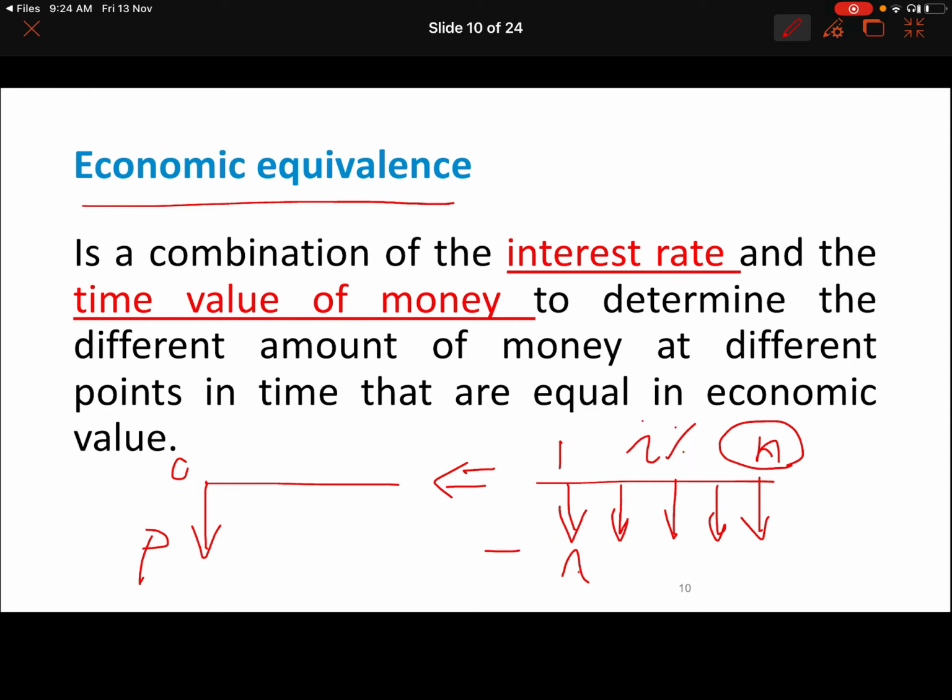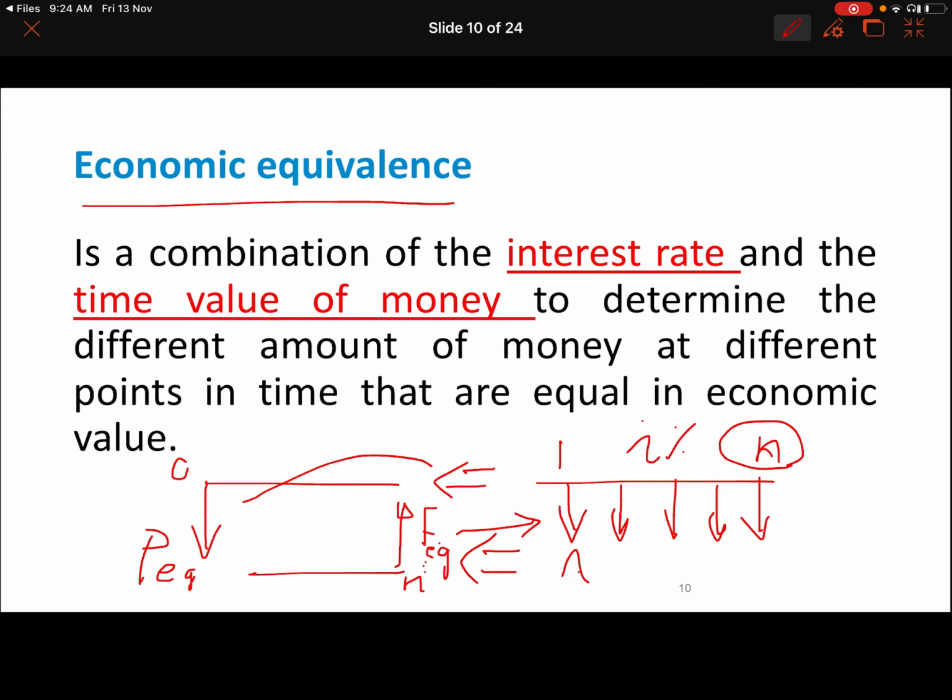Or I can change all the annual series to a value after n years, a future value. So this future value is equivalent to this annual series. This present value is equivalent to the annual series, and vice versa.